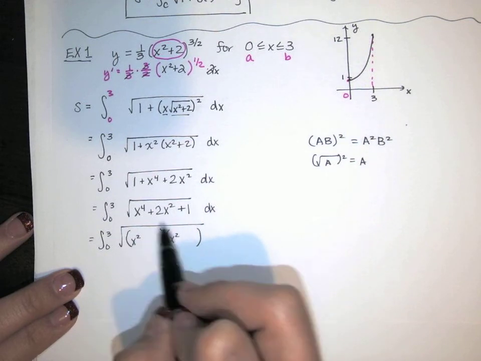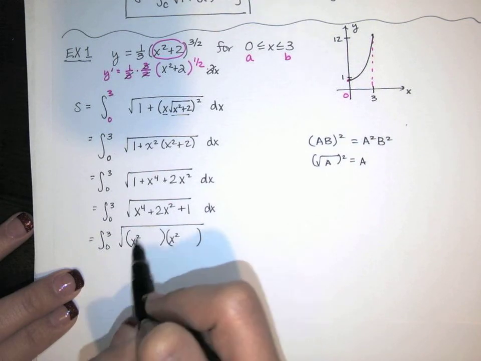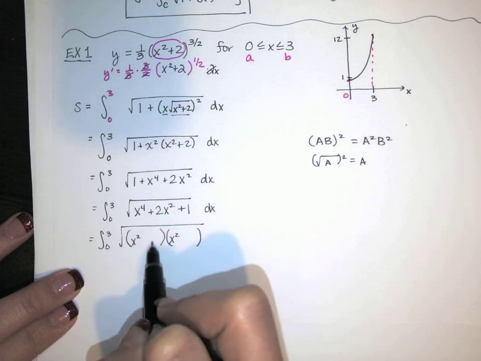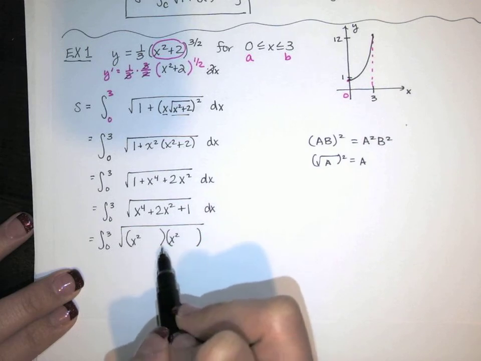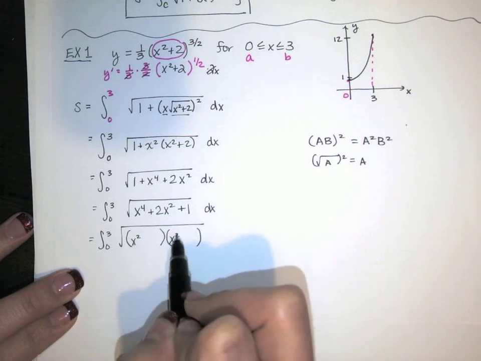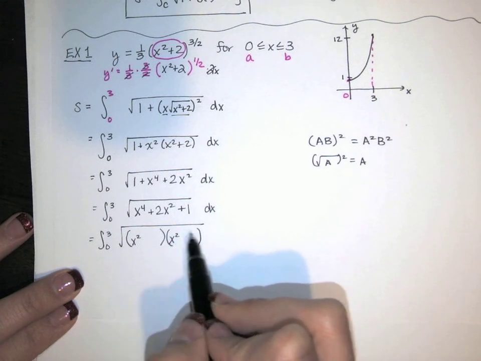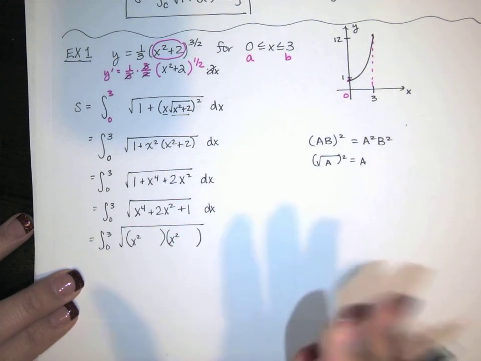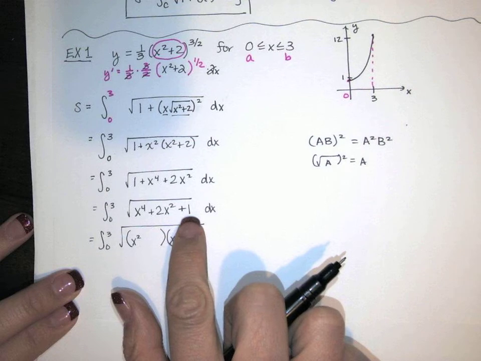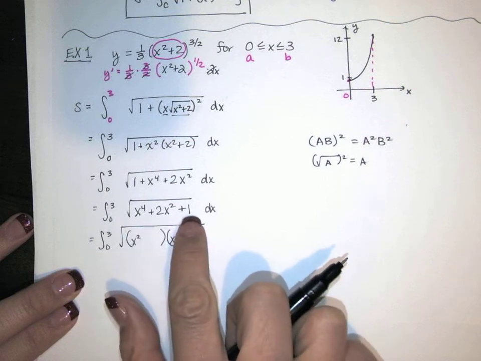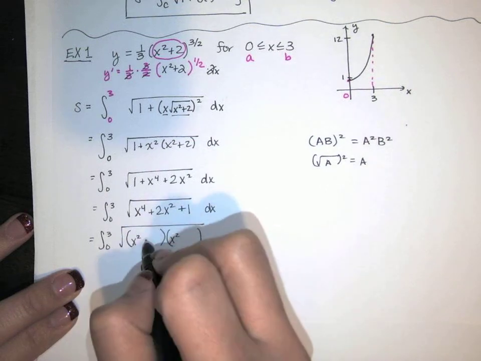Now, outer times outer is going to be something times x squared, and inner times inner is going to be something else times x squared. So outer times outer plus inner times inner could theoretically give me that 2x squared if I pick the right numbers. And last times last could give me a 1. So just ask yourself, what two numbers multiply to give you 1 and add to give you 2? Hope you said 1 and 1.